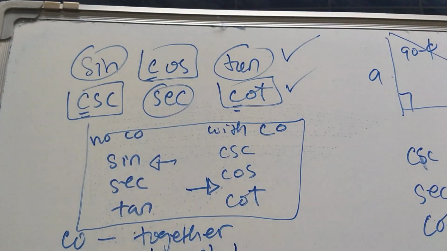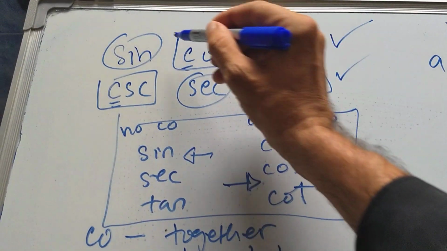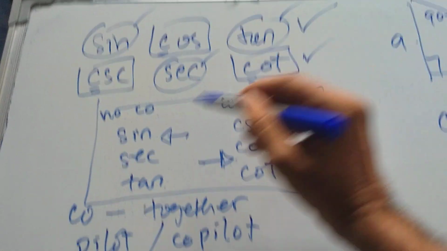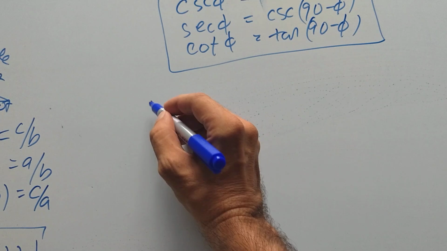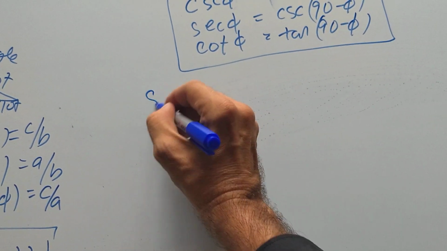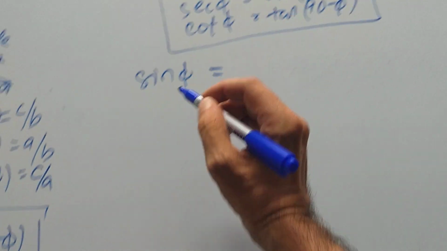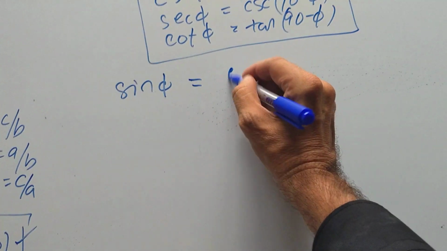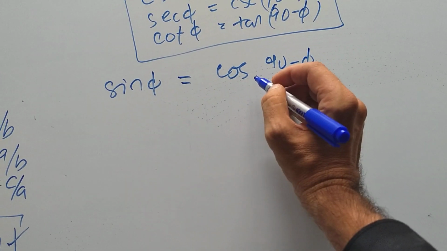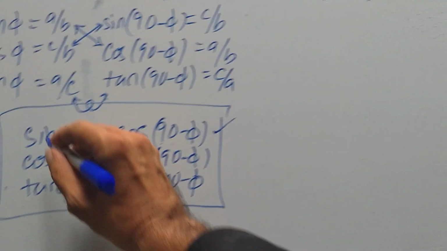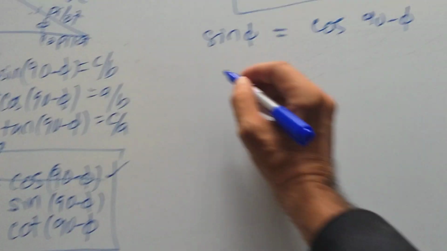What are my no co functions? Sine, sec, tan. Sine, sec, tan. So let's try first phi. Sine phi is cosine 90 minus phi. Okay? So I did this one. Let's cross it out.